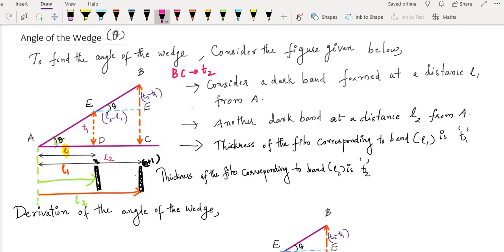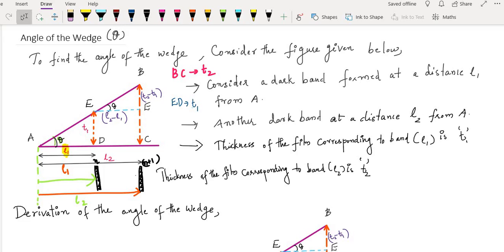That is all about this picture. The thickness corresponding to the n plus first band is T2, which is BC, and the thickness corresponding to the nth band is T1, which is ED. So BC is T2 and ED is T1.